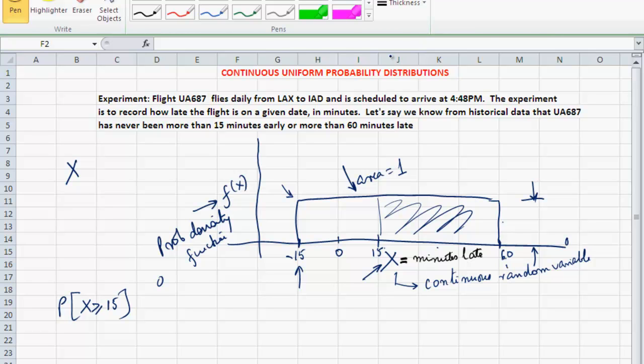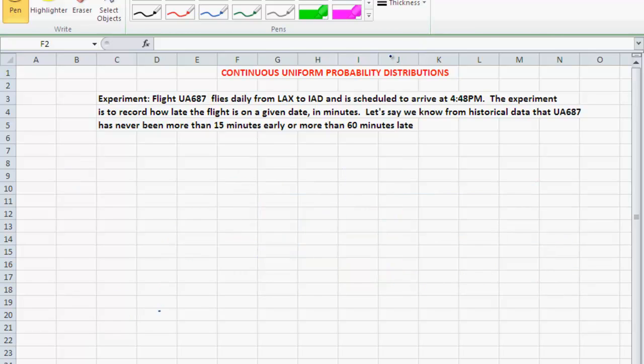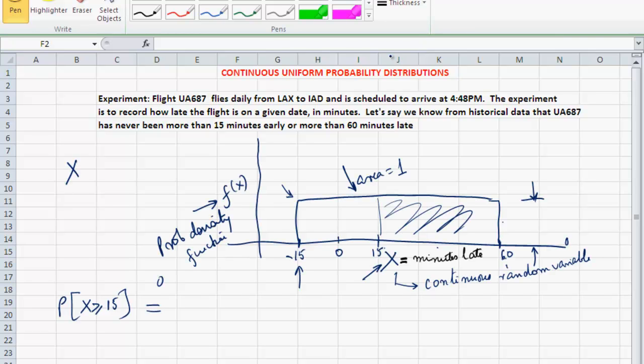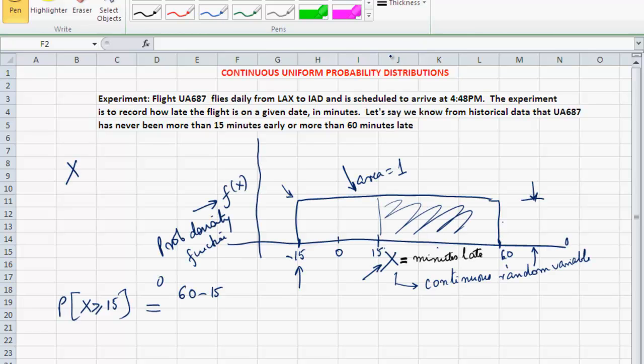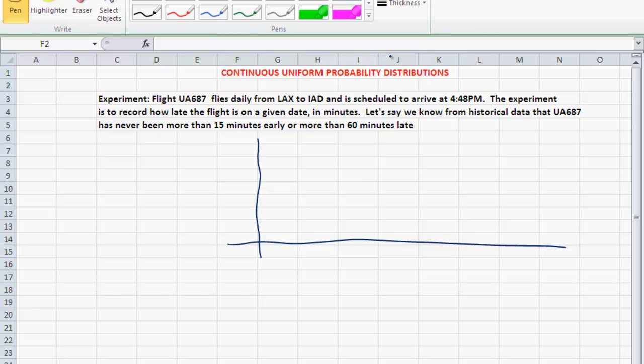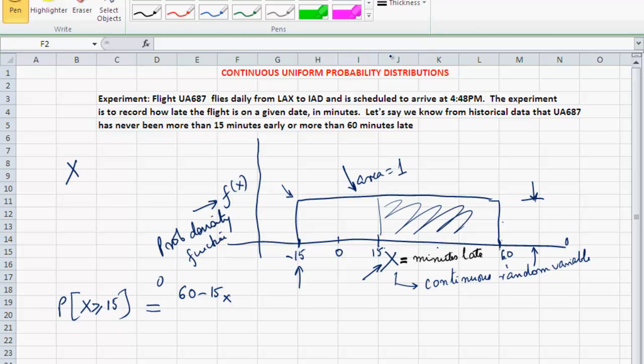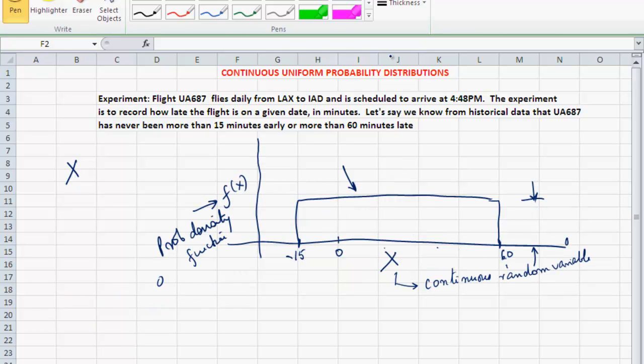Now, using our knowledge of rectangles, the area of a rectangle is simply the base times the height. So this shaded area that I have just drawn has a base of 60 minus 15, times the height. So what is the height of this rectangle? I know that the area of the rectangle is 1. Therefore, its height must be 1 divided by the full base, isn't it?